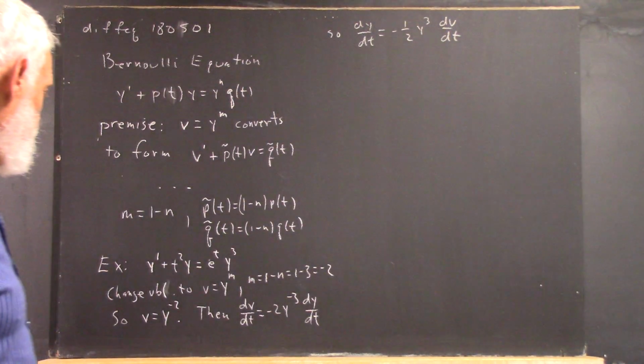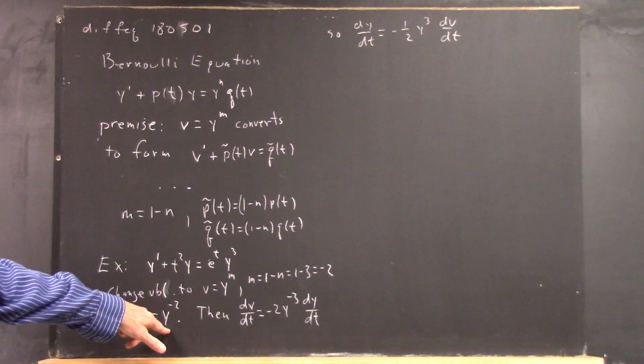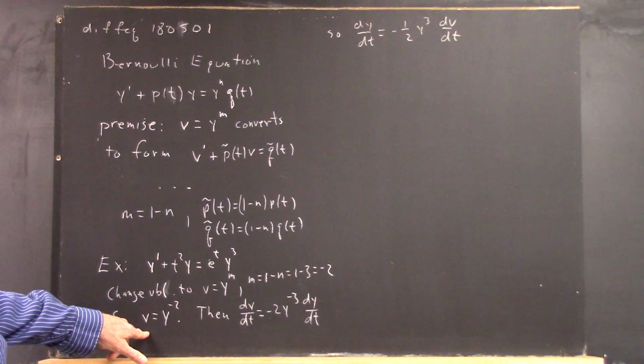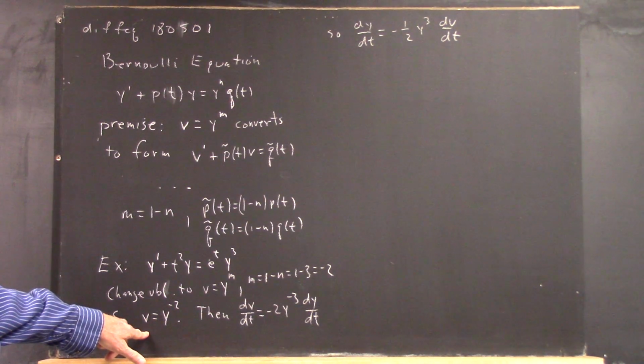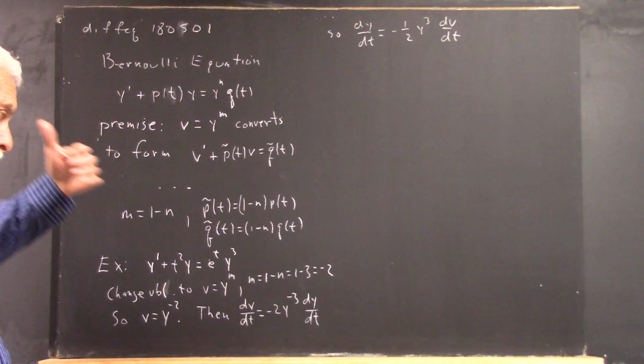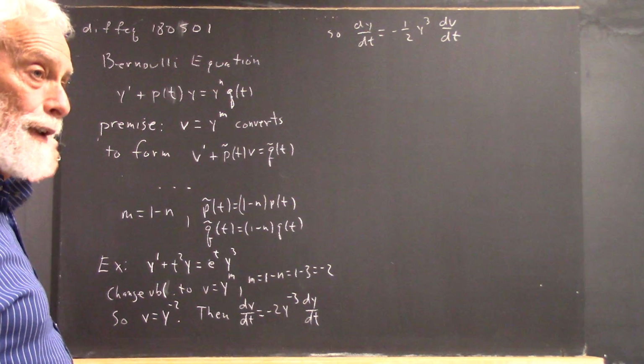But of course, v is y to the -2, which means that y is v squared, right? No. Sorry, y is 1 over the square root of v.